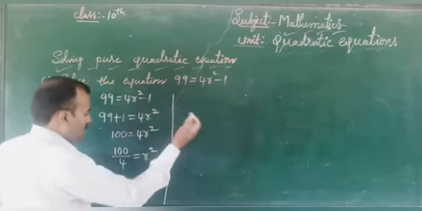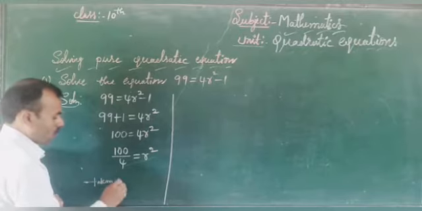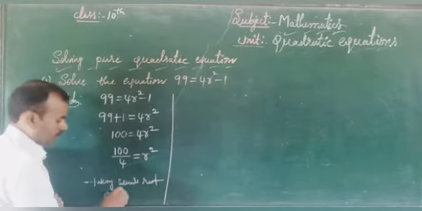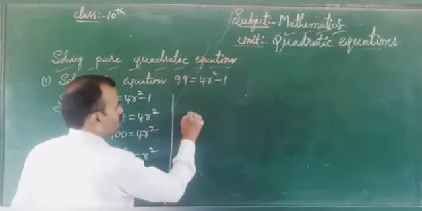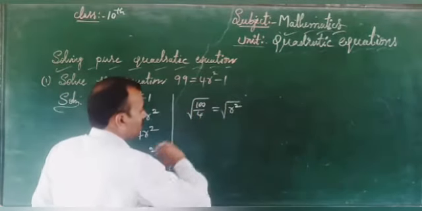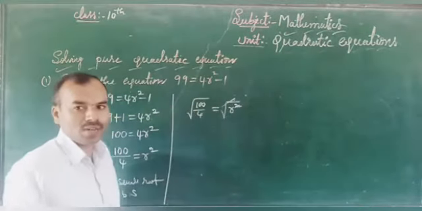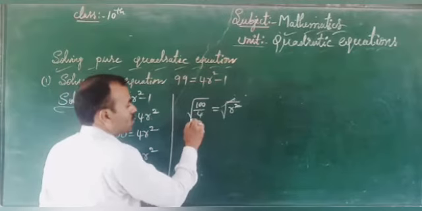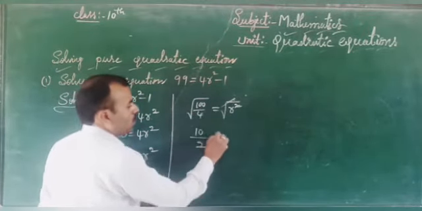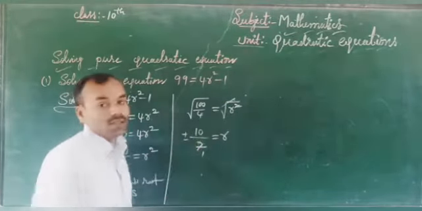Now, in the next step, taking square root on both sides: square root of 100 by 4 equals square root of r square. Here square and square root get cancelled. Square root of 100 is 10 and square root of 4 is 2, is equal to r. 2 fives are 10, it is plus or minus after the square root, right?